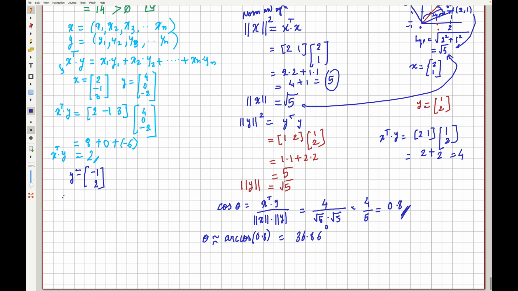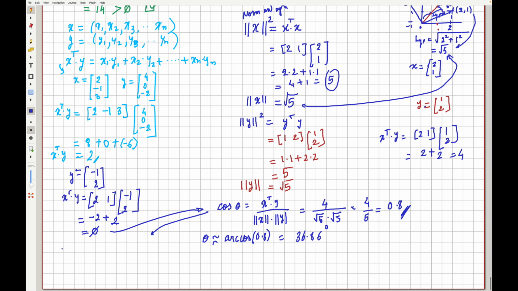If we now dot x transpose with y, we get (2, 1) dotted with (-1, 2), and this would be 2 times -1 is -2, plus 1 times 2 is 2. We get a value of 0.